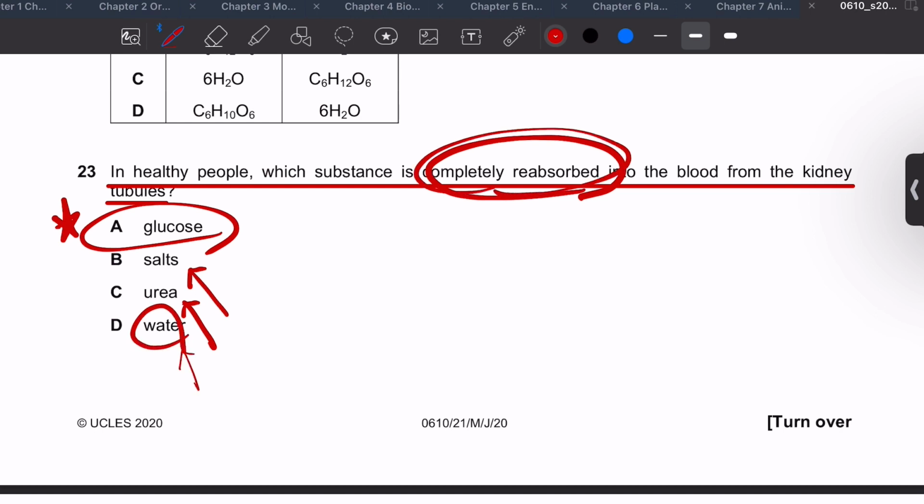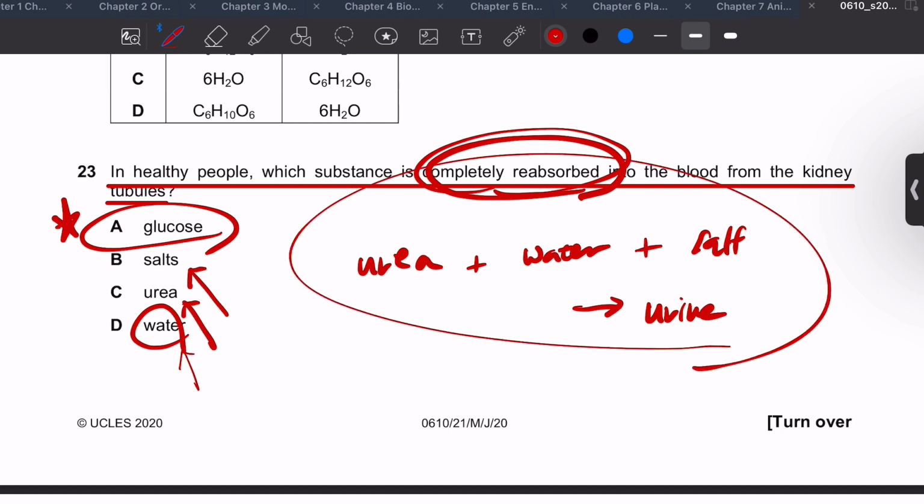So if the water is completely reabsorbed, then our water potential inside our body will increase, and that can cause problems. And also, we can't excrete the urea out of our body. Urea with excess water and excess salt create urine.